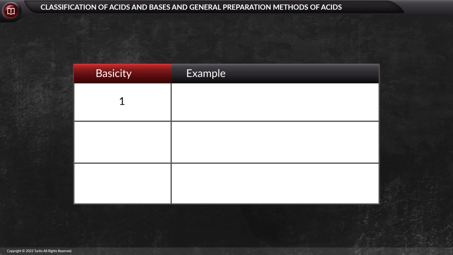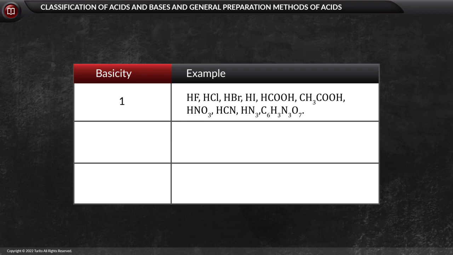Basicity 1 is for HF, HCl, HBr, HI, formic acid, acetic acid, nitric acid, hydrocyanic acid, hydrazoic acid, picric acid, etc. Basicity 2 is for sulfuric acid, oxalic acid, etc. Examples for tribasic acids are H3PO4, citric acid, etc.